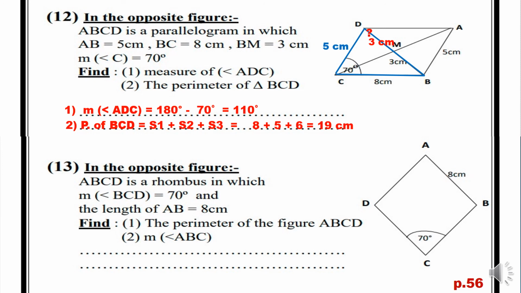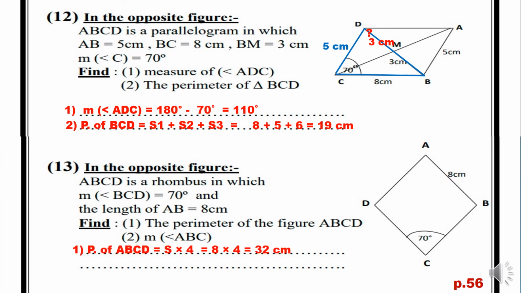Number 13, in the opposite figure, ABCD is a rhombus in which measure angle BCD equals 70 degrees and the length of AB equal 8 centimeter. Find first the perimeter of the figure and then measure angle ABC. The perimeter of the rhombus is equal to side times 4.